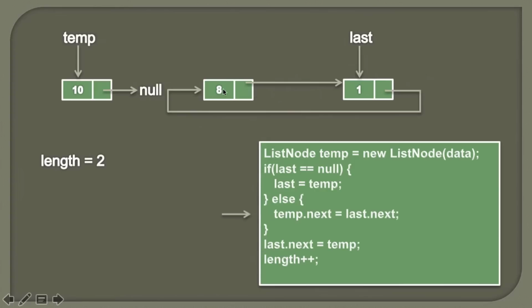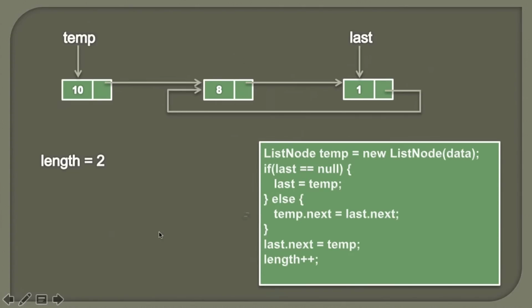In order to reach this node, we keep track of the last node. When we do last.next, we reach the first node. Therefore, we are simply assigning the value of last.next to temp.next. So it would look something like this. Now here temp.next is pointing to the first node of the circular singly linked list.